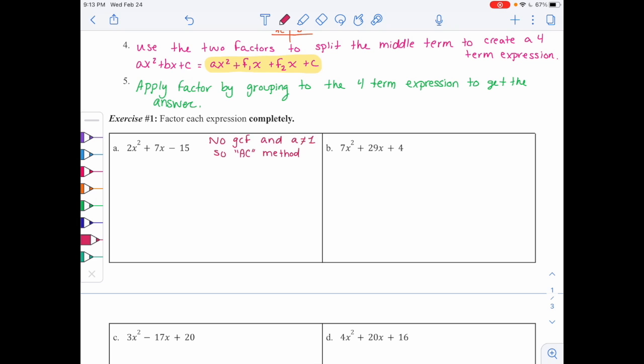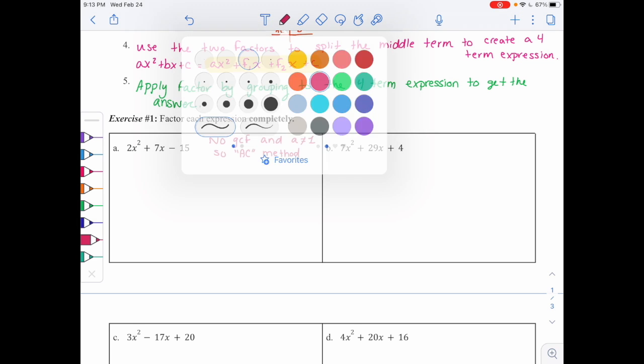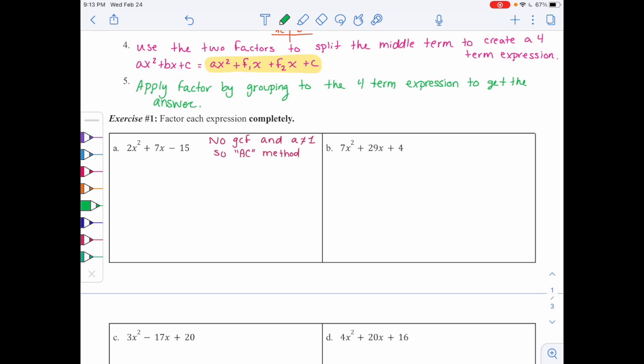Can't use FOTAT, A is not 1, and no GCF. So I'm jumping right to the AC method. So what that means is I'm going to multiply A times C. A is 2. C is negative 15. So 2 times negative 15 is negative 30.